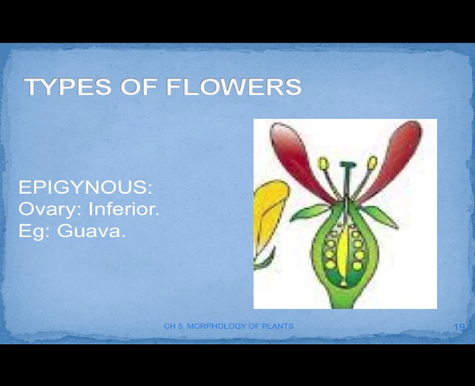Lastly, the epigynous flowers where the ovary is inferior. What happens here is that the thalamus grows and covers the ovary completely, so that all the other structures appear to arise from the rim of the thalamus here.